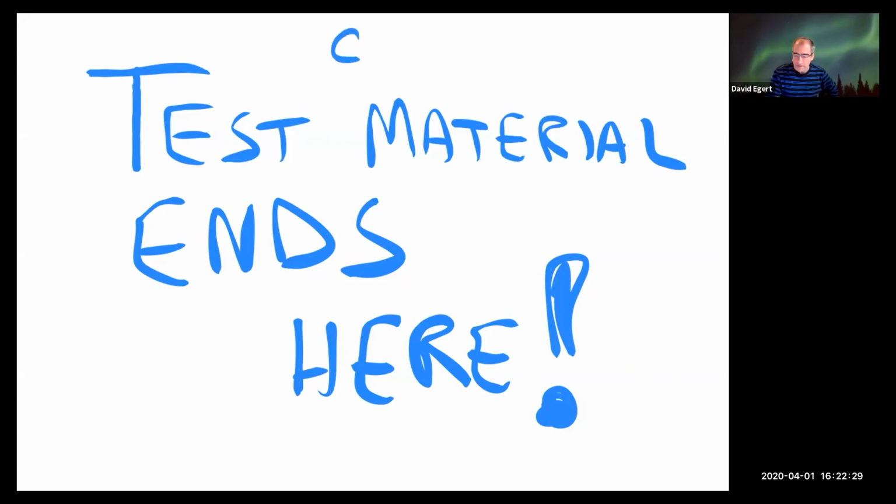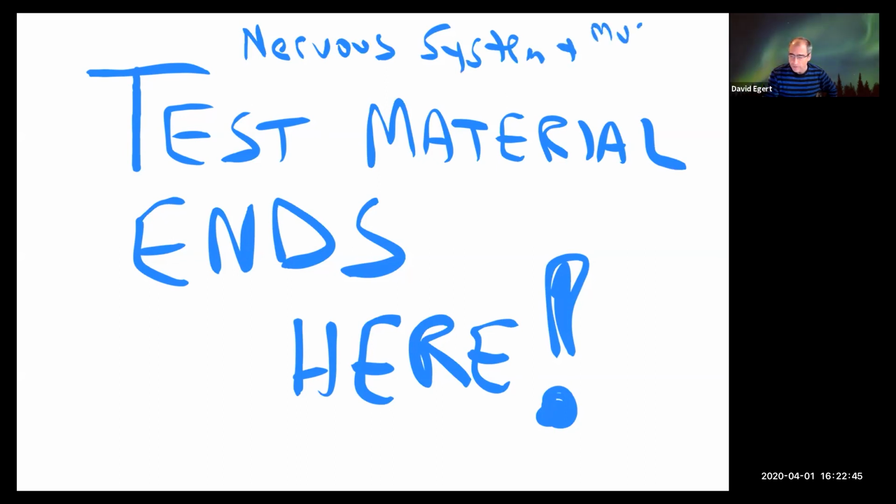So it's not just CNS, it's going to be all of the nervous system, plus what we've talked about from the muscles. Actually, oh, I take it back. I'm sorry.